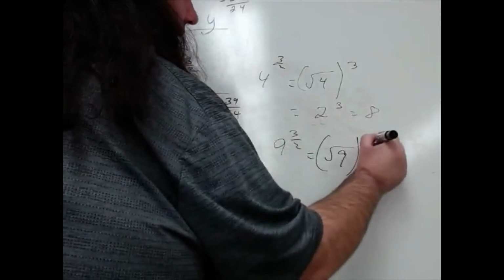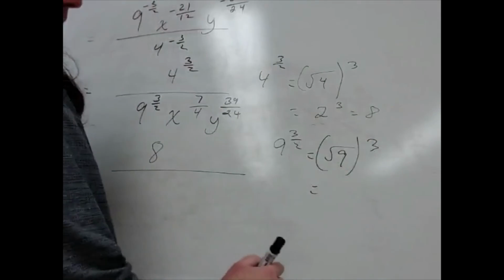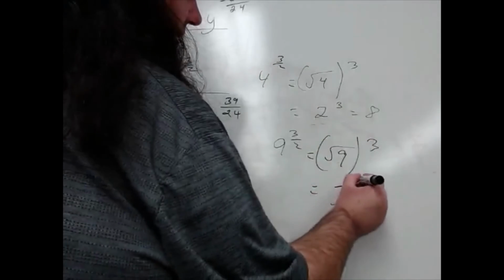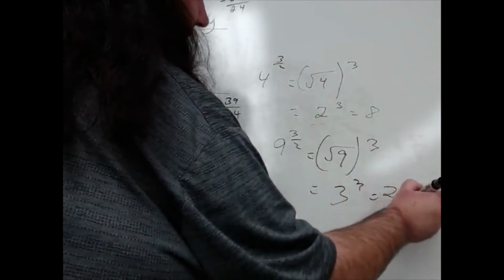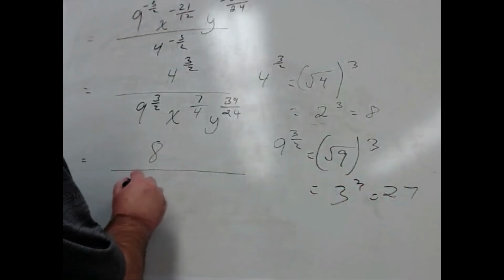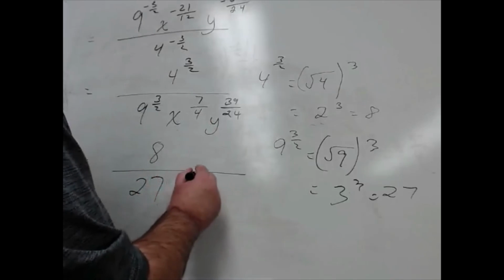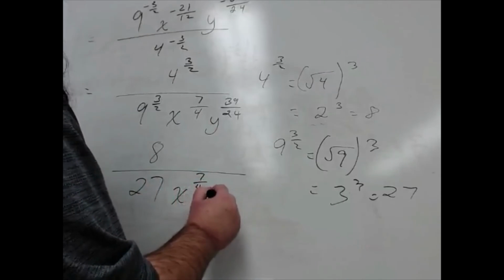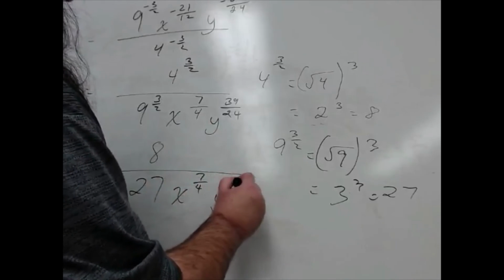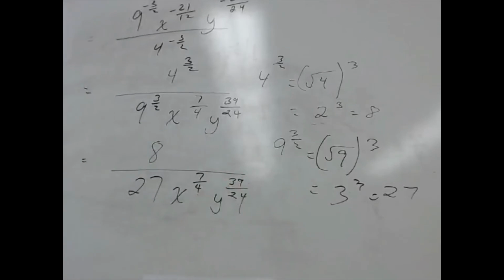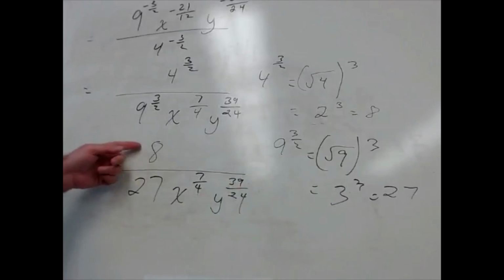Square root of 9 is 3 cubed, which gives me 27. So over 27, and then I can write these terms down. 7 over 4, and then y to the 39 over 24. And then you would double check to make sure the 8 and the 27 couldn't reduce, and they can't. So that's the final answer.